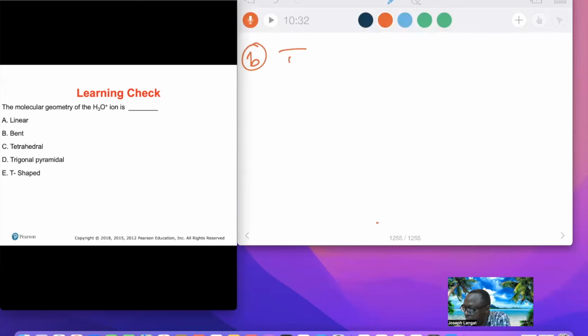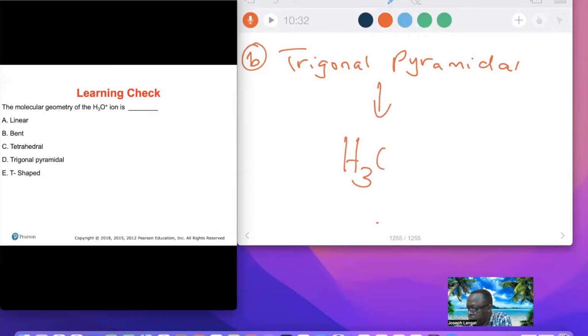This is trigonal pyramidal. For H3O+, please try that and see if it makes sense that you are getting D. This is D right here. I meant to say D as in David. This is the molecular geometry.